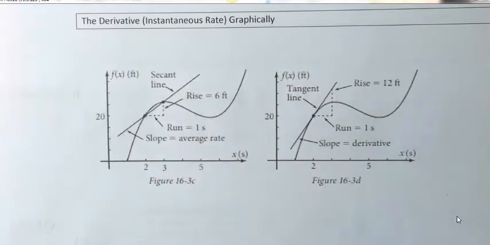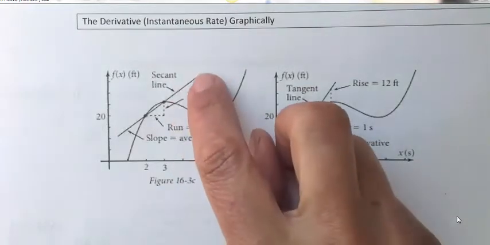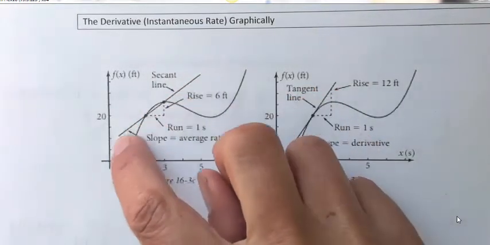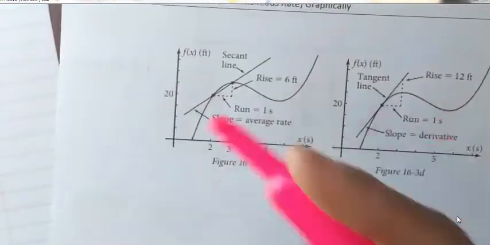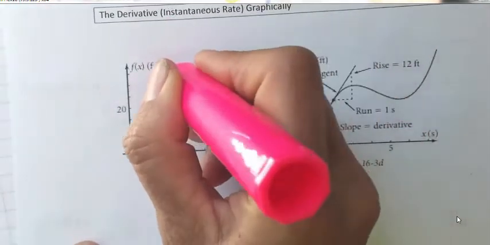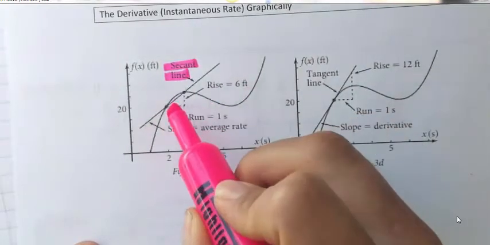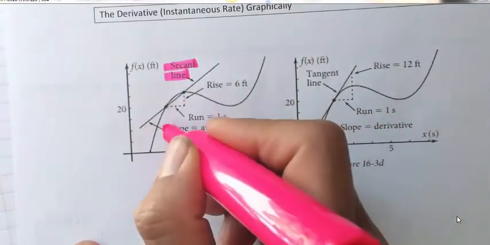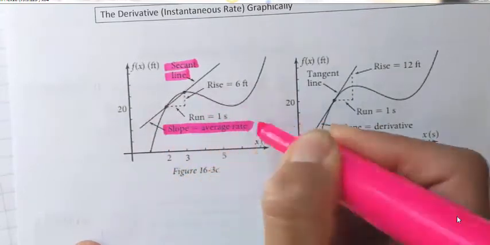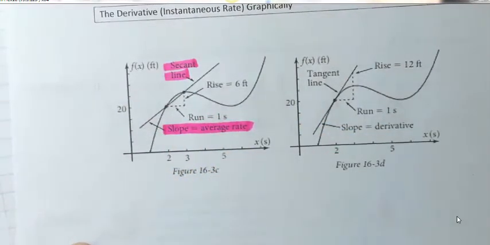And so really, when you're finding the average rate of change of a function or the slope of a function, you're really finding the slope of that secant line, okay? So this line right here is a secant line, meaning it goes through 2 points in the curve, okay? The slope then gives you the average rate of change.